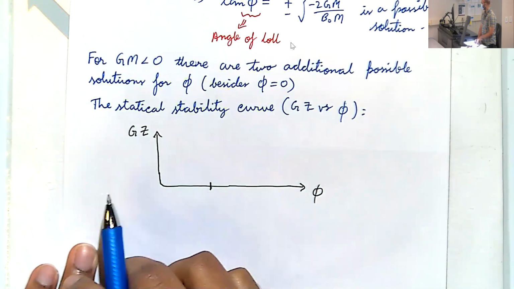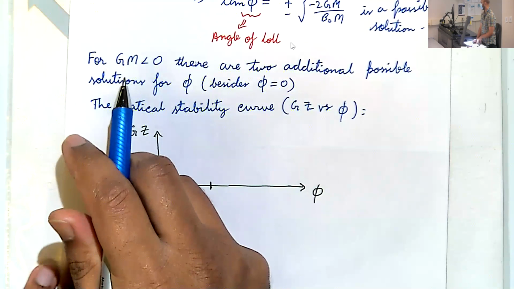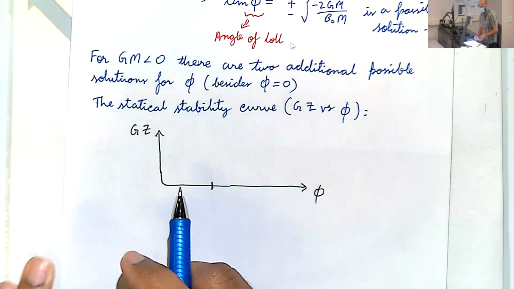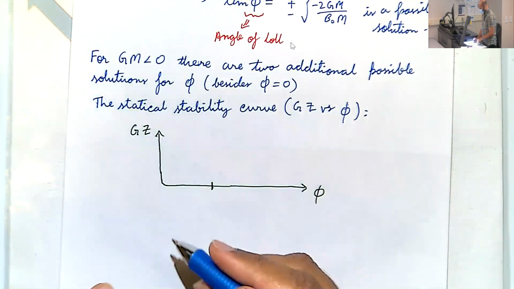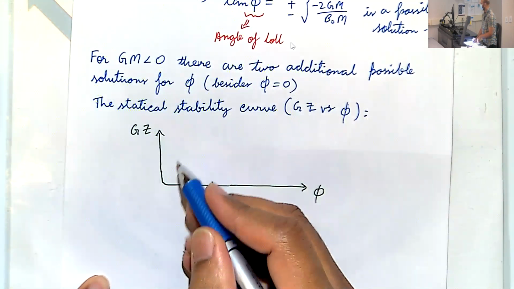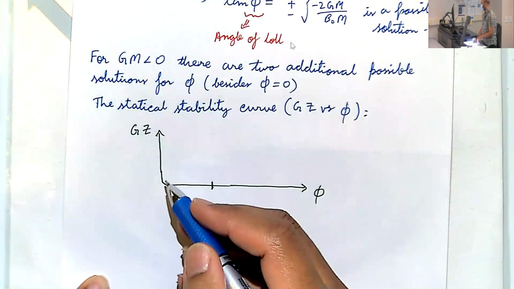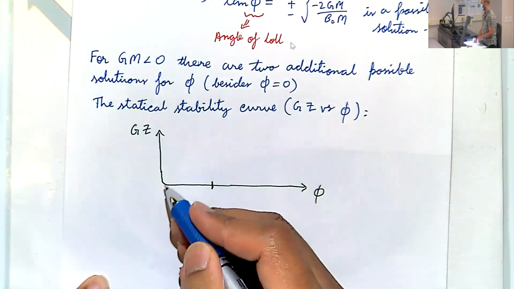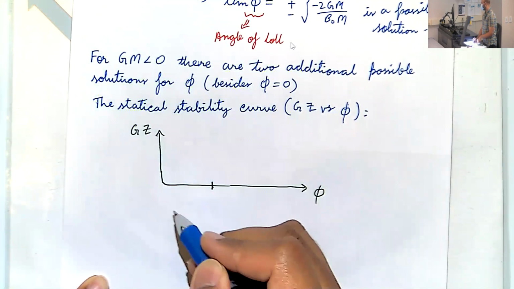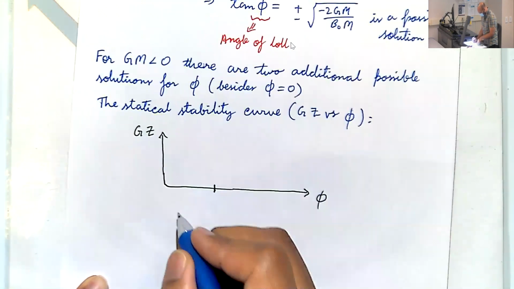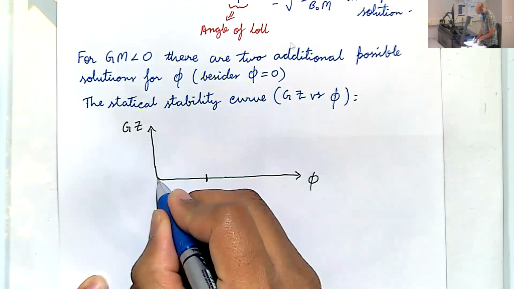Yeah, you can look back to the previous curve and look at how GM is related to the tangent. GM is the slope, right? Slope of the tangent. And if it's positive, we expect a straight line like so. If it's negative, we have the line like this. Okay, so our curve will look like so.